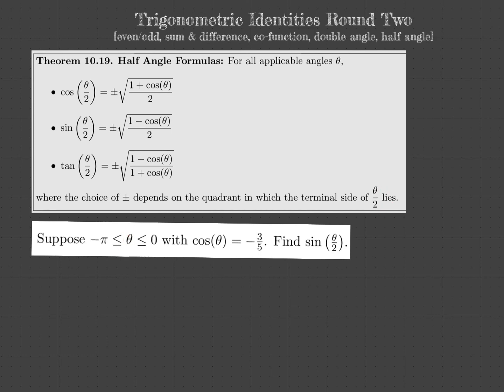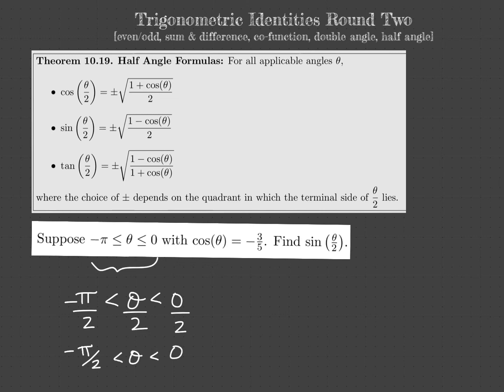Well, we have information about theta. How can we figure out theta over 2? What we can do is use the information we've been given and get theta over 2 by dividing theta by 2. When we do that, we have to divide all 3 parts by 2, and we'll have that theta over 2 lies in between negative pi over 2 and 0.